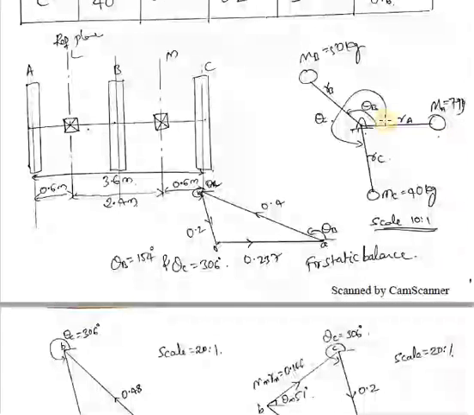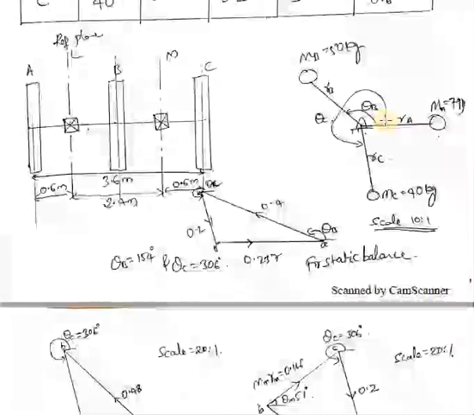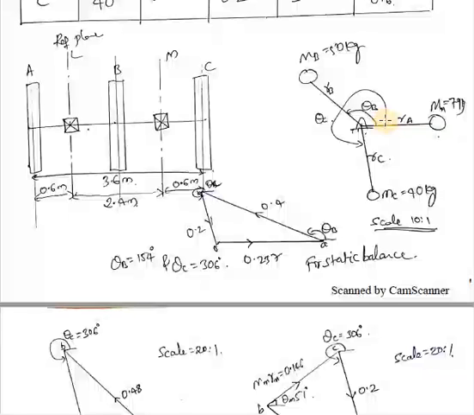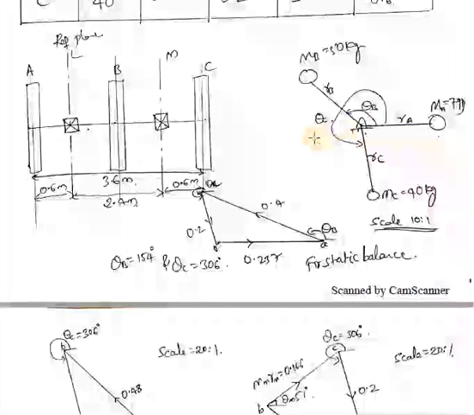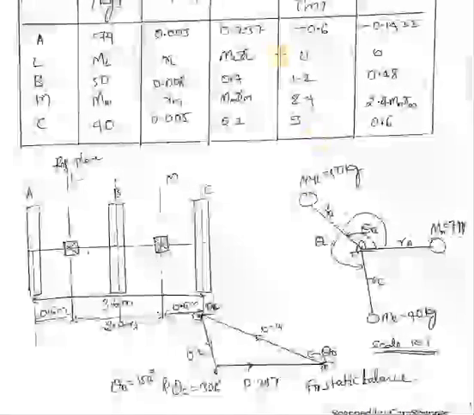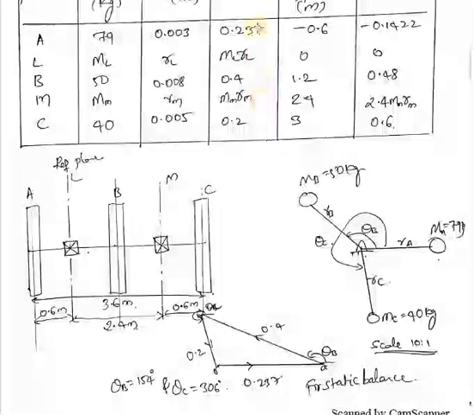So we'll ignore the planes L and M. We'll consider only A, B, C. From those given values, we can calculate the force terms for A, B, C. With help of those forces, we can construct the force polygon for the static balance. So that is in the force column, we ignore this MLRL and MMRM.